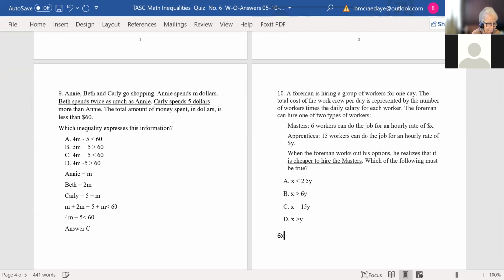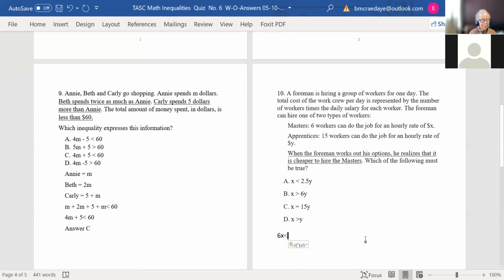x. Right. Now that's less than, we said, right? So let's just take a less than. The 6x, that's the masters. And since he says it's cheaper to hire them, that's less than what, Maureen?